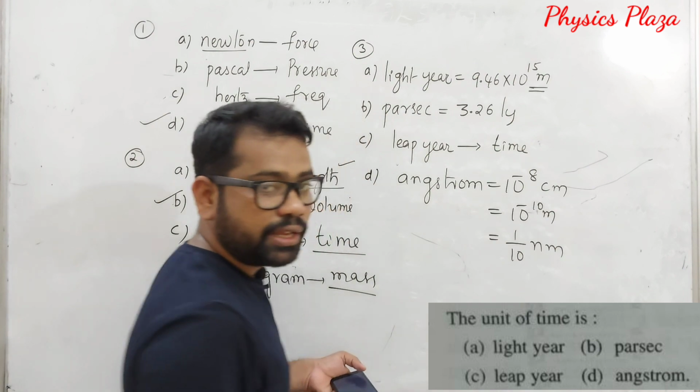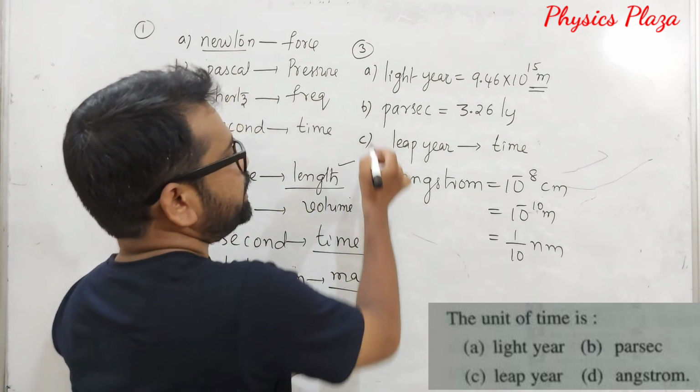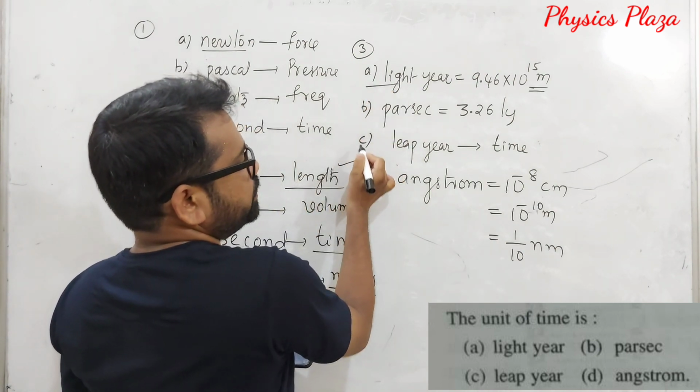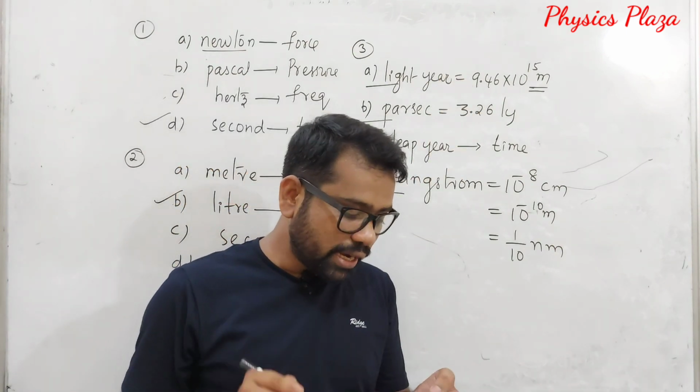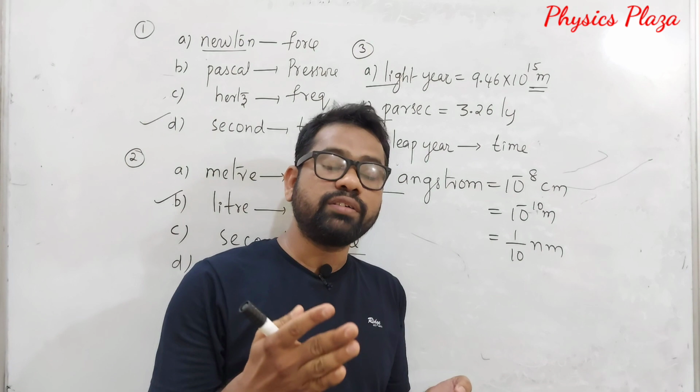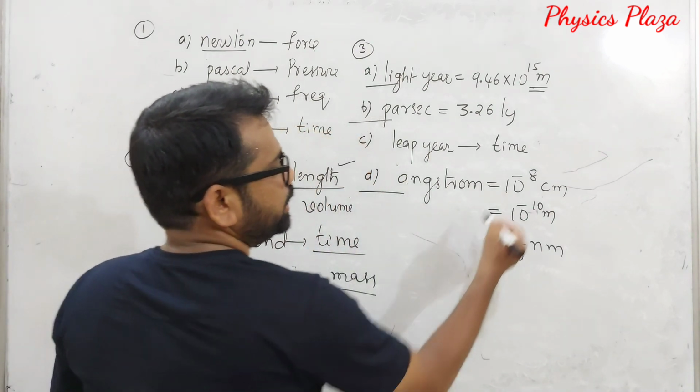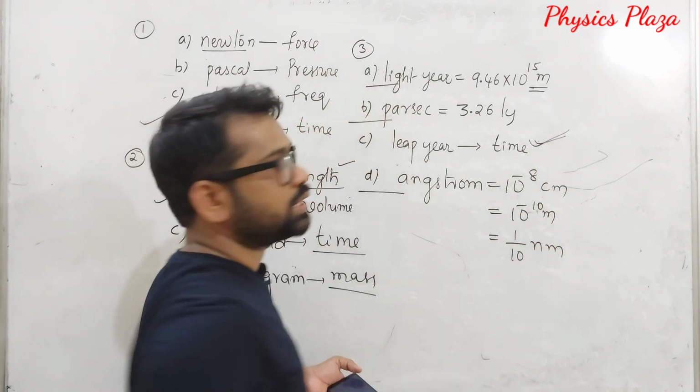If you can see, children, A, B, D, these all are units of distance. But they are asking us to find out the unit of time. So obviously leap year. So option C is right.